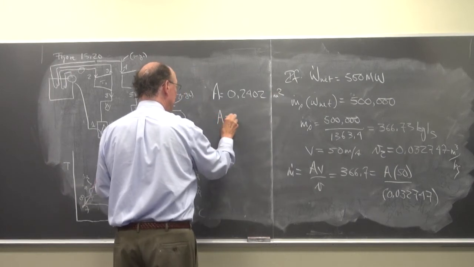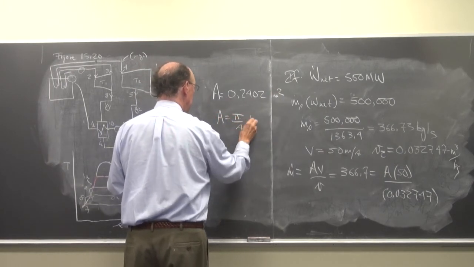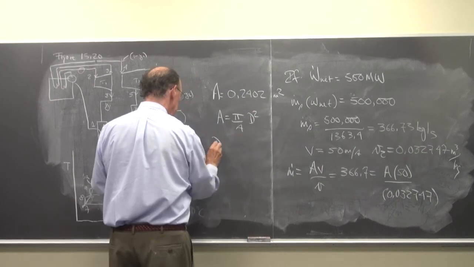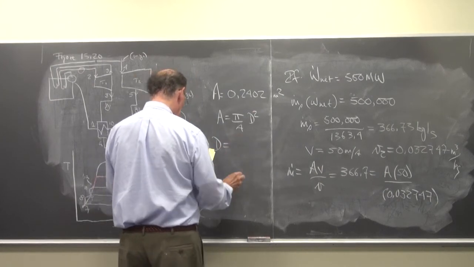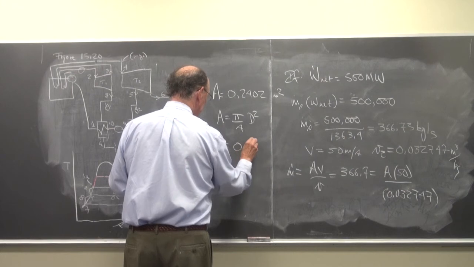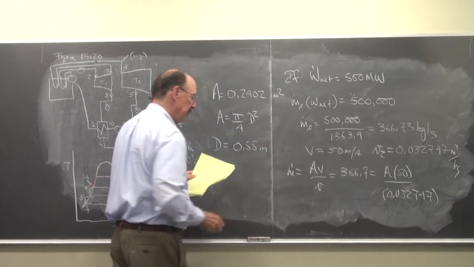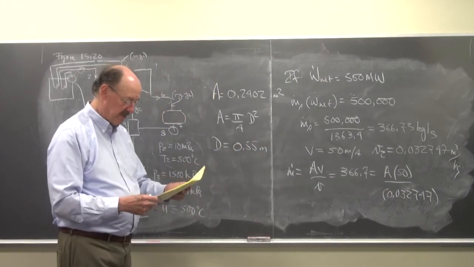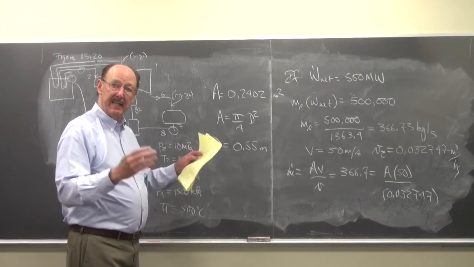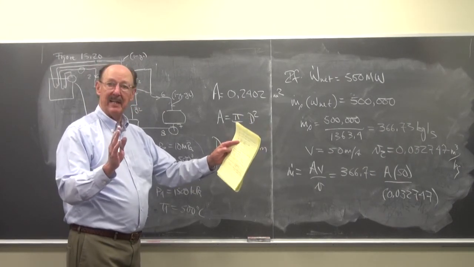A is equal to pi over 4 d squared. So D is equal to 0.55 meters, or 55 centimeters. And so that tells us what it is. So we have a pipe like that.